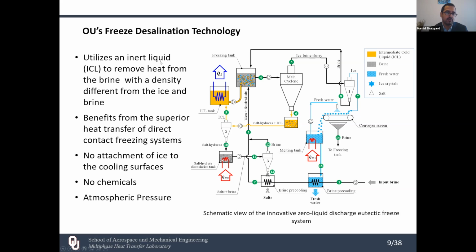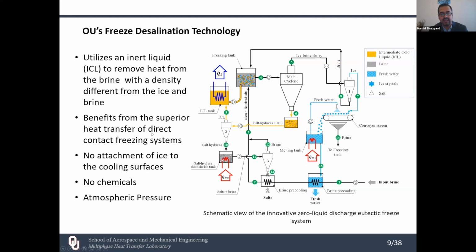So we have this liquid that is immiscible with water and will not freeze until -80°C. So we cool this liquid, we inject it directly into the brine, we spray it into the brine, and by the direct heat transfer that occurs between these tiny particles of this inert liquid and the brine, we form ice.